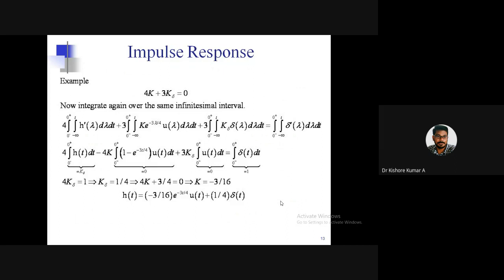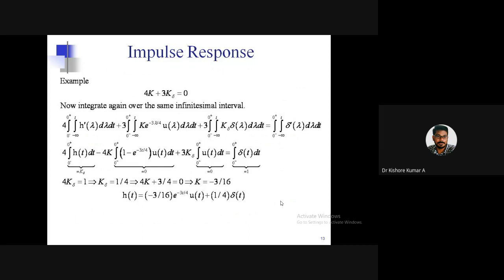This is another example. We have to integrate again over the same infinitesimal interval, along with the zero initial conditions that we have to incorporate. Finally, you make it one constant, and you have to apply the initial conditions to get the infinitesimal interval values.